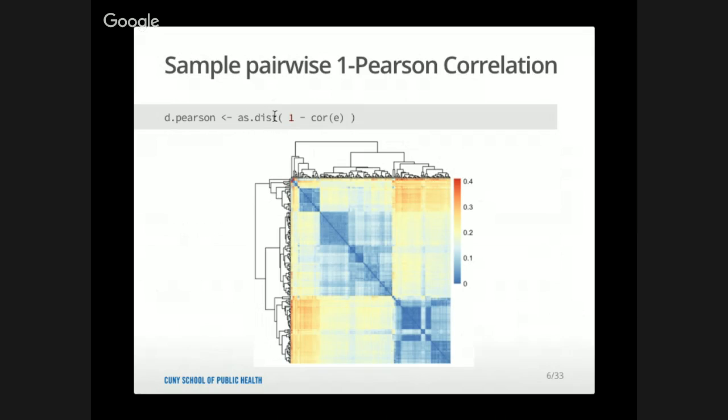One advantage to using 1 minus Pearson correlation is that this scale is directly interpretable. A value of 0 means that we have a correlation of close to 1, almost perfect correlation among some of these samples. This is, I think, around 0.99 correlation between different samples of the same tissue. But at the very lowest correlation, we're down to a distance of 0.4, meaning a Pearson correlation of 0.6.